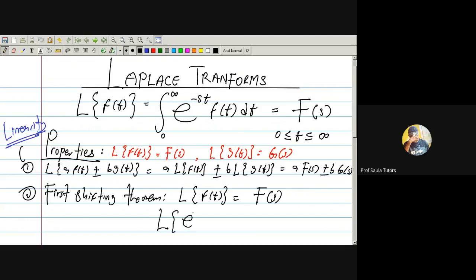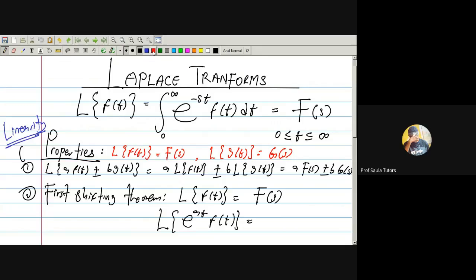Let me say exponential of 8t is multiplied with this f of t. Whenever an exponential is being multiplied with your function and you want to take the Laplace transform, then we use what we call the first shifting property. Are we together?